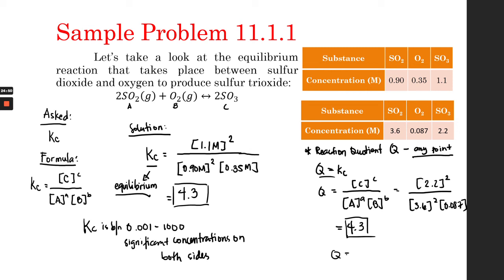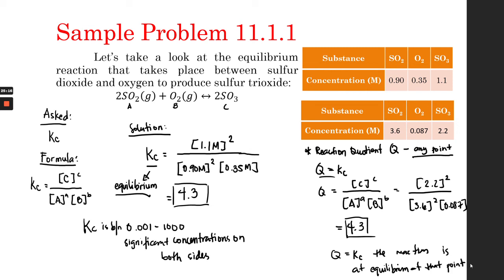So when Q is equal to Kc, the reaction at that given point, because again we can use Q at any given point, while we can only use Kc at equilibrium, but when our Q is equal to Kc, the reaction is at equilibrium at that point.